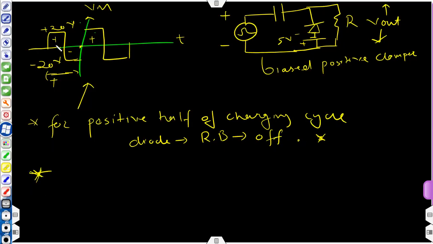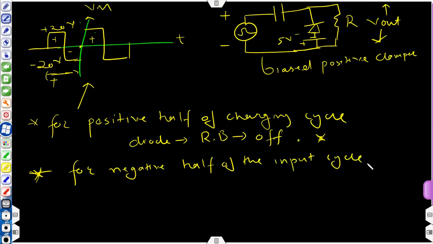Now come to the negative cycle. For the negative half of the input cycle, the magnitude is 20 in the negative direction. So in this case, minus will be at the top wire, plus will be at the bottom wire. This is the condition of the diode.